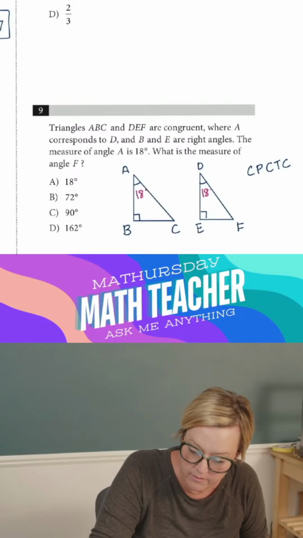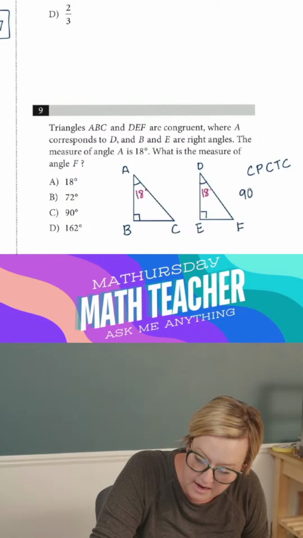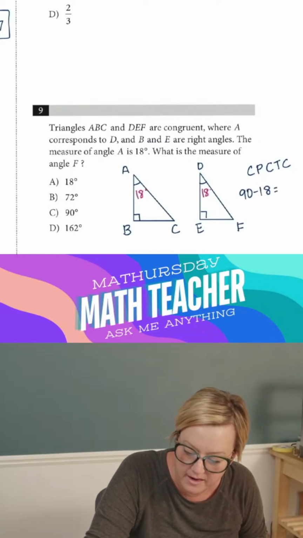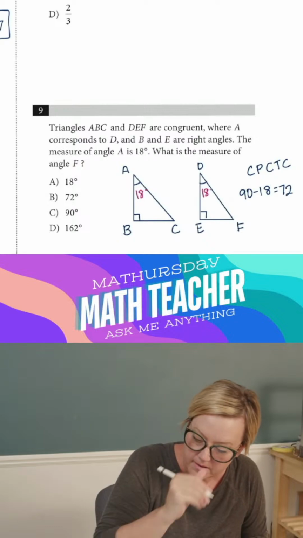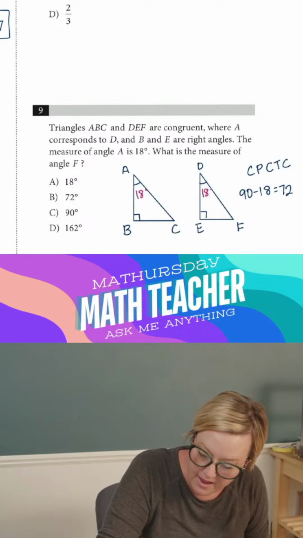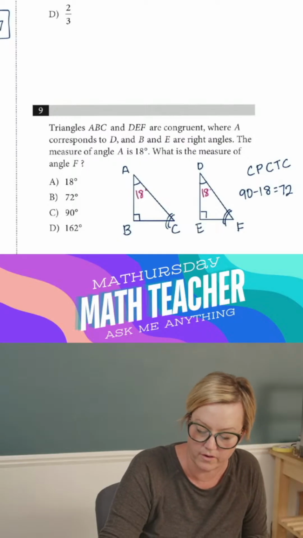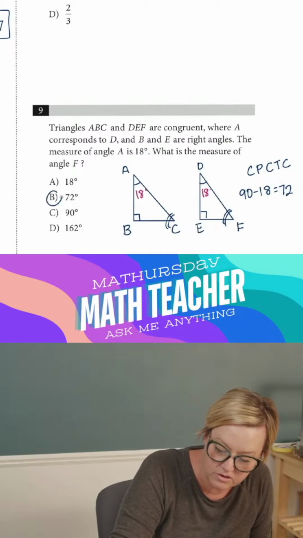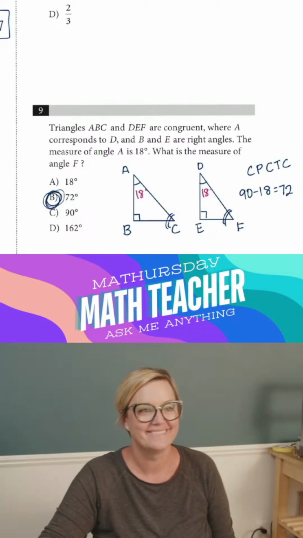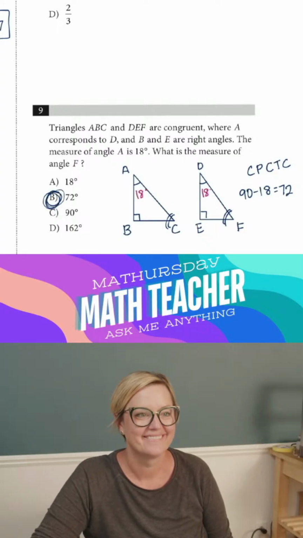So what I would do is 90 minus 18, which gives me 72. So angle F and angle C correspond and they're congruent. So that is going to be 72 degrees, which is B. Okay. Excellent.